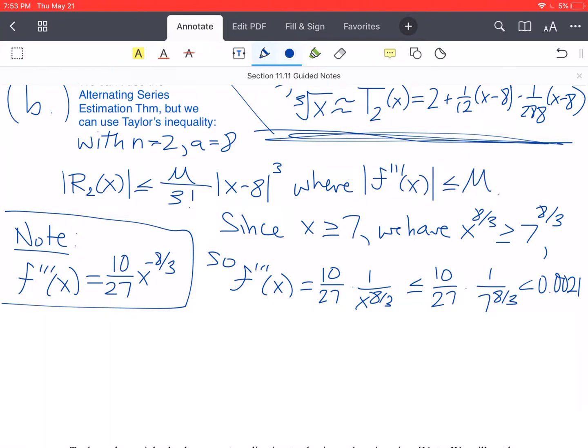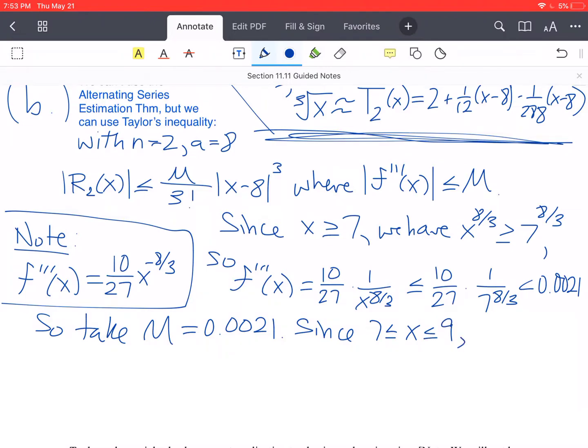So take M to be 0.0021. Since x is between 7 and 9, that means x minus 8 is between negative 1 and 1. And then that tells us the absolute value of x minus 8 is less than or equal to 1.